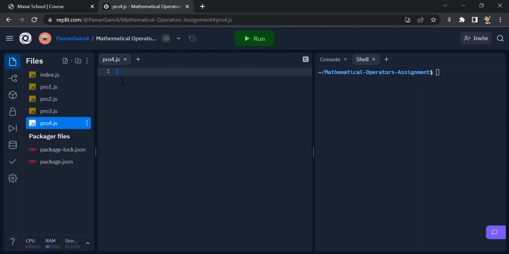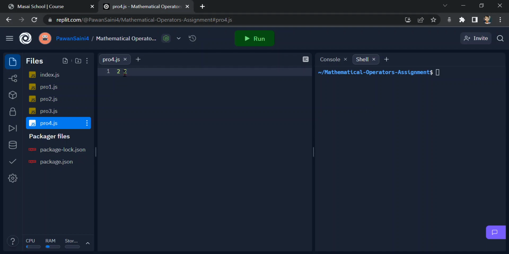So let's see how to use this exponentiation operator. If I have to denote a power on a number, I use the exponentiation operator. In mathematics, whenever we write on paper, we show the power of a number. Suppose I have the number 2 and I have to show its power, I write 2 and put a small number at the top.